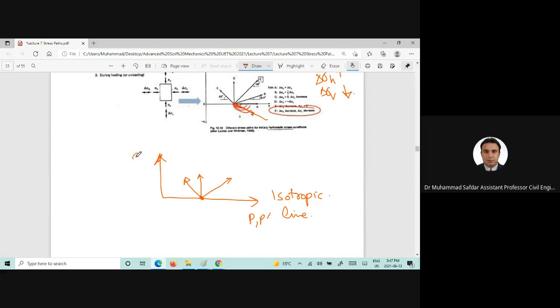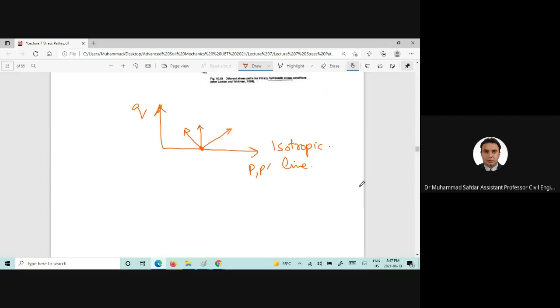But what if there is an anisotropic condition, where a certain Q is applied in the field and a certain P prime is also applied, and then we are going to start the shearing stage.